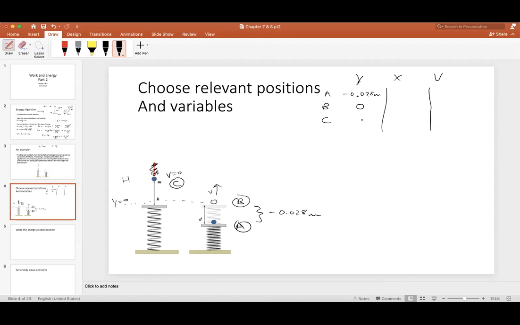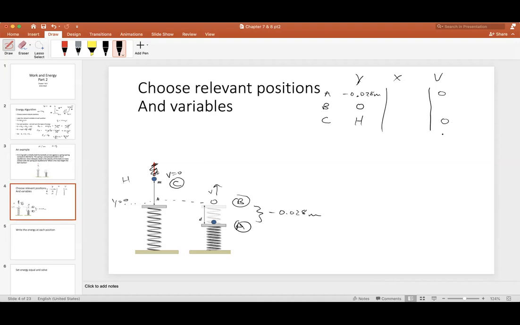Now C, I don't know, but C is going to be H, right? It's going to be my maximum height. I don't know what it is, but I know it's a positive value of Y and it's H. The V is easy because V of A is 0. It's initially compressed, but it's not moving. We haven't released it.